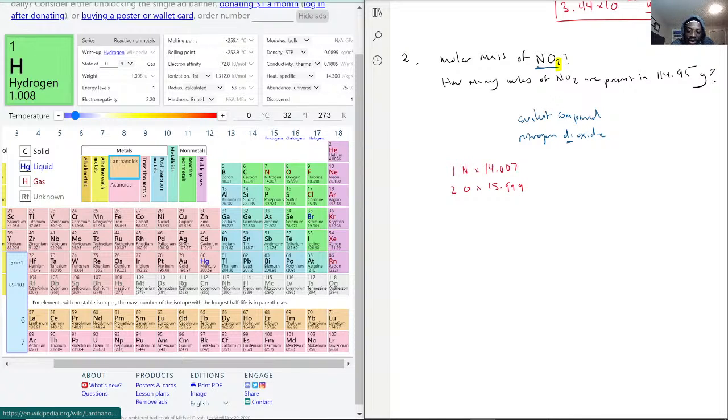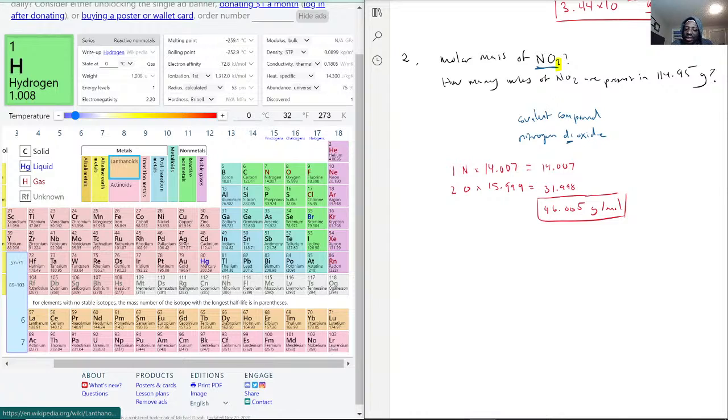Okay, so we would do the whole process of the multiplication, 31.998, and then we add them together. Okay, and the answer we get here is 46.005. Okay, and that is grams per mole. So with this, we now have the molar mass of nitrogen dioxide.